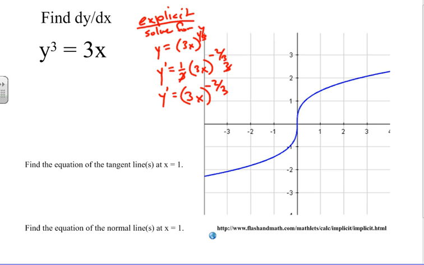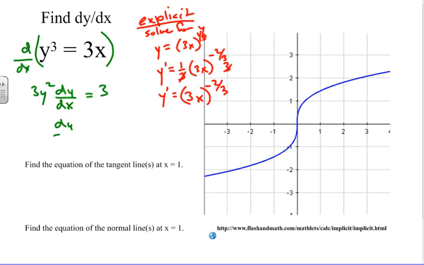However, we could also take the derivative implicitly. To take the derivative implicitly, we're going to have 3y squared times the derivative of y with respect to x, which would be dy dx, equals 3 times the derivative of x with respect to x, which is 1.